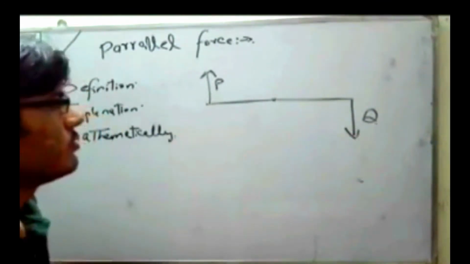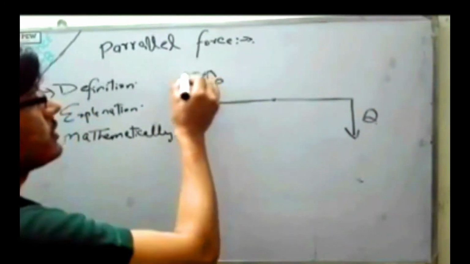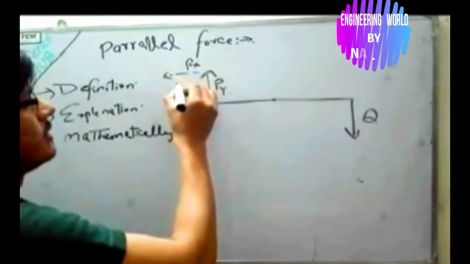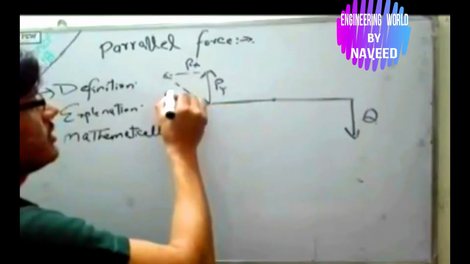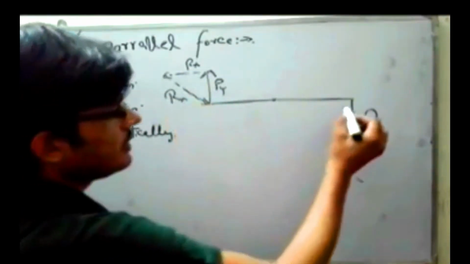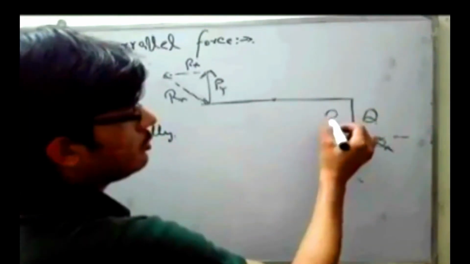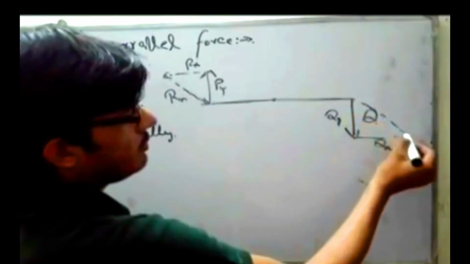Now their mathematical derivation: if we resolve this vector into its components, this will be Py, this will be Px. This is the resultant Rx. This is the Qx, this is the Qy.